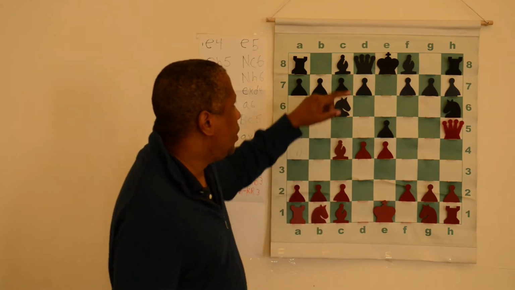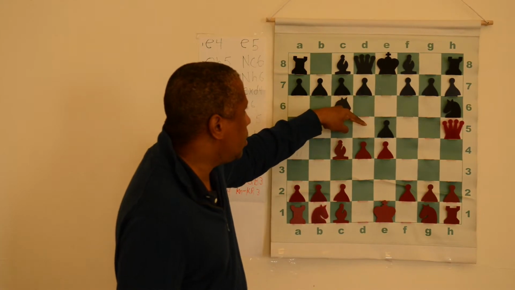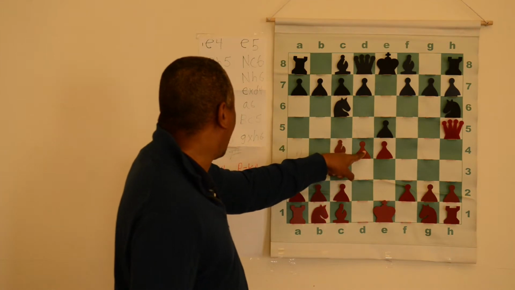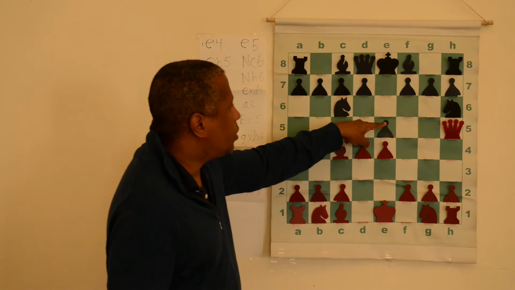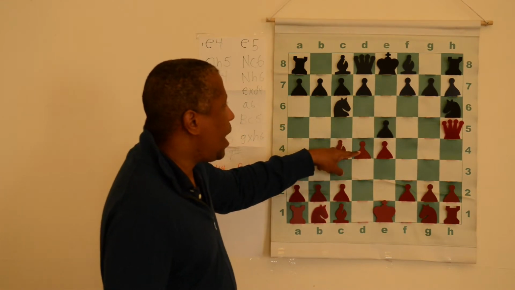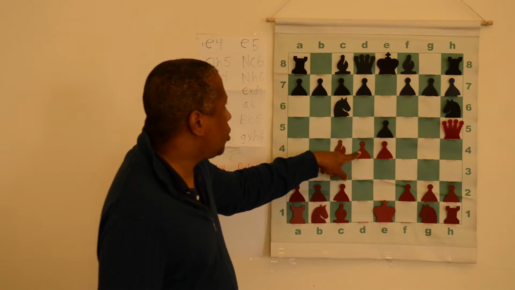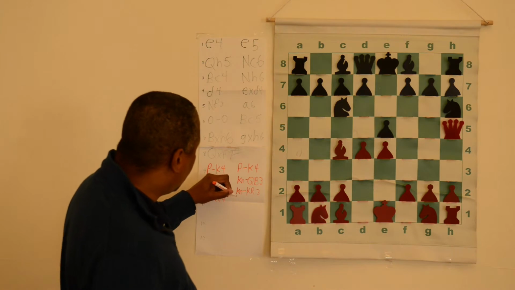Black's moving. So that means this is queen 1, 2, 3. So that's queen 5. So that would be P, X, Q, 5. So that would write it down this way.